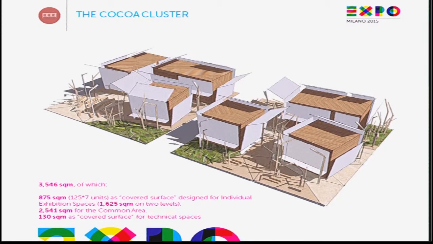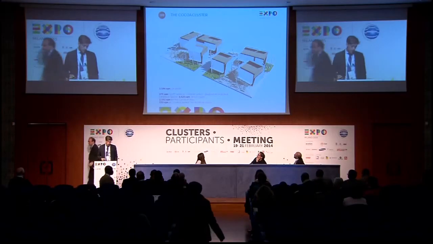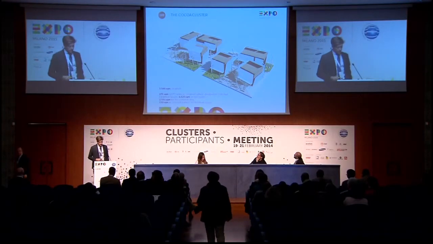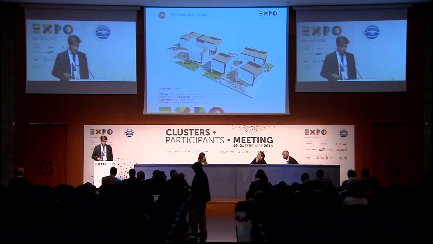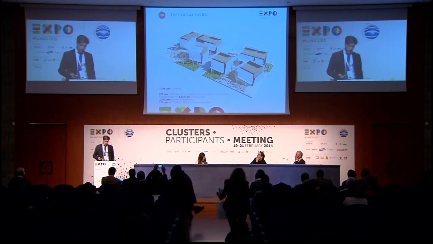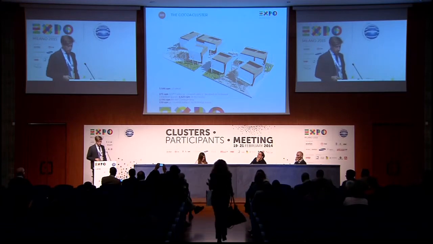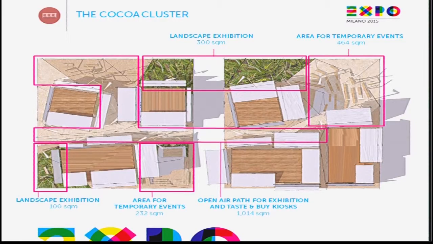Just to remind you, the dimension of this lot is 3,546 square meters, and you have 7 units, and the common area is about 2,541 square meters. This is the main part of the common area.